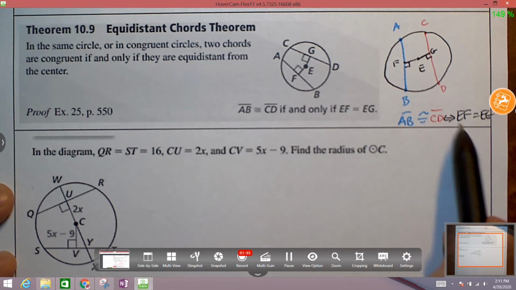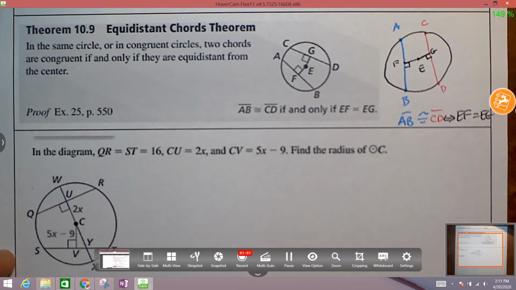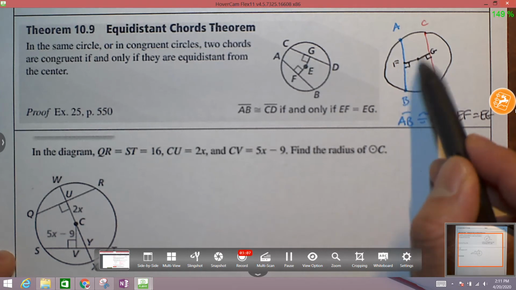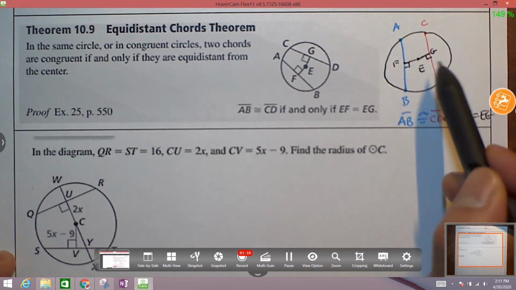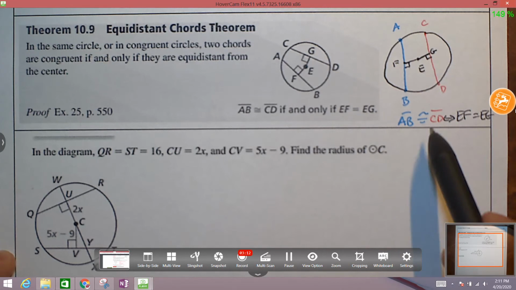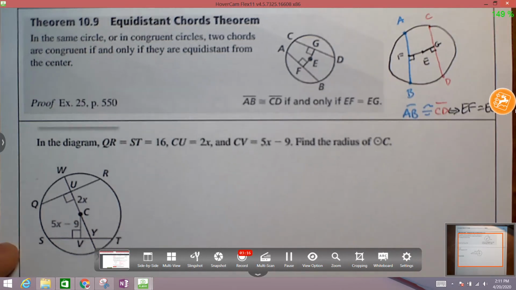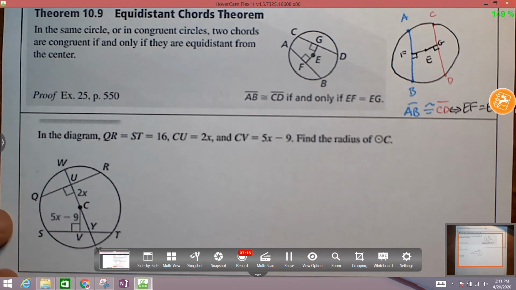And the opposite, the converse, is true also. If we find out that EF and EG are the same length, if these two are equal to each other, then we know that these two chords are congruent segments. Let's go ahead and apply that to our example.